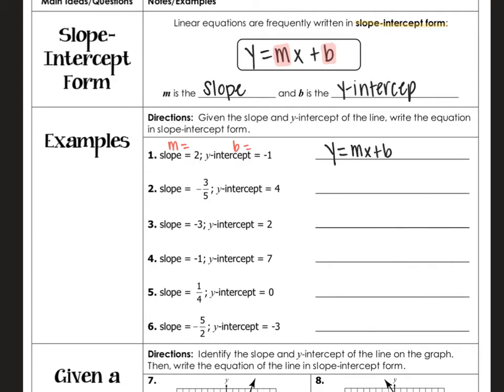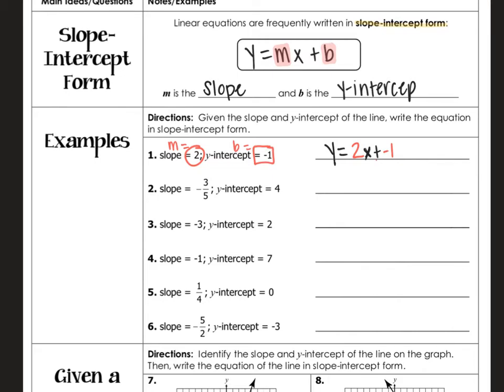So instead of writing m, I'm going to take the m out, and I am going to put in 2 because that was my m. And then plus b, so I'm going to take out b, and I'm going to put in -1.